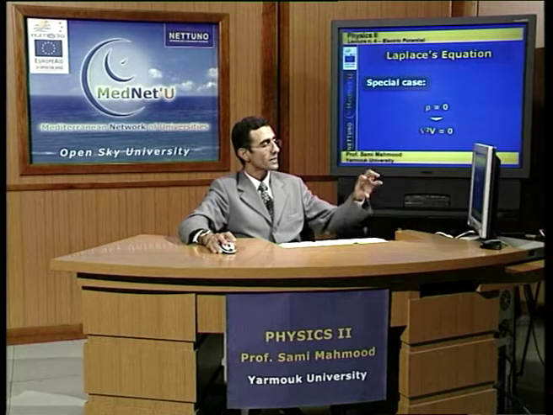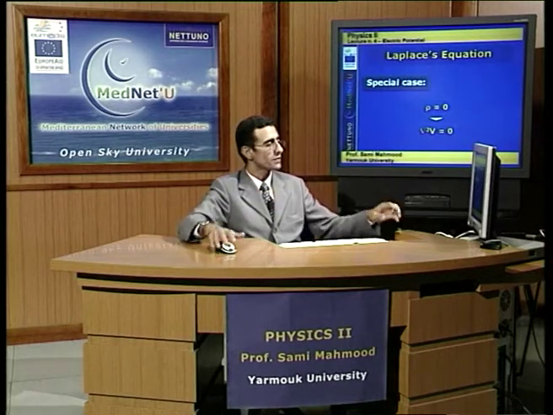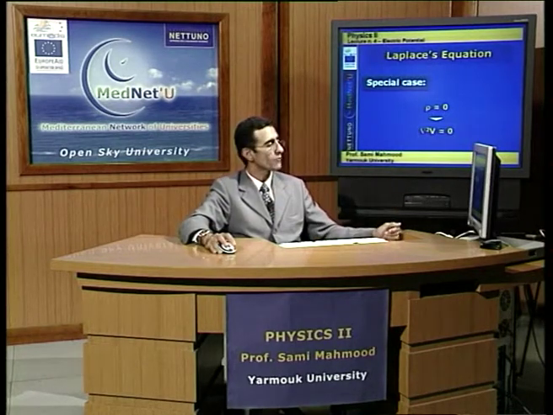And this is applicable in regions where there is no charge distribution. It's actually convenient to solve problems with no charge distribution at those locations. Now we consider some applications.